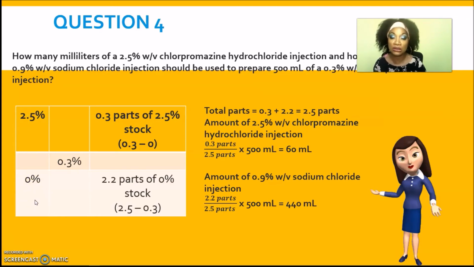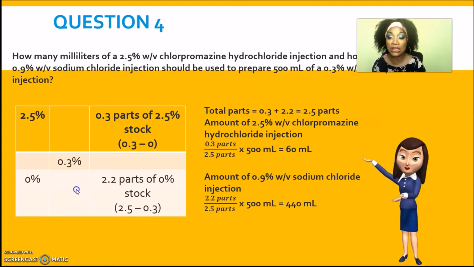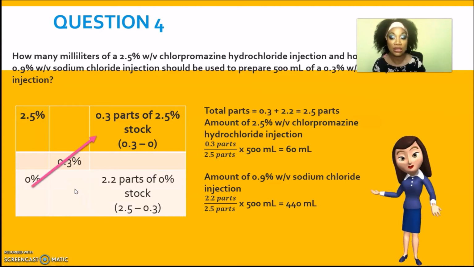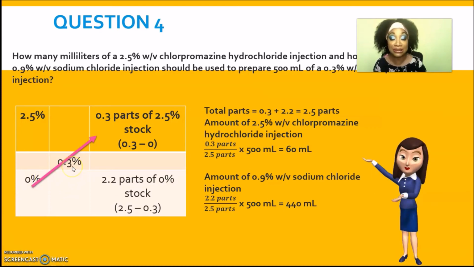It doesn't matter what order, you can put 0% at the top, 2.5% at the bottom. What matters is that we are going to be determining the parts by subtracting diagonally.